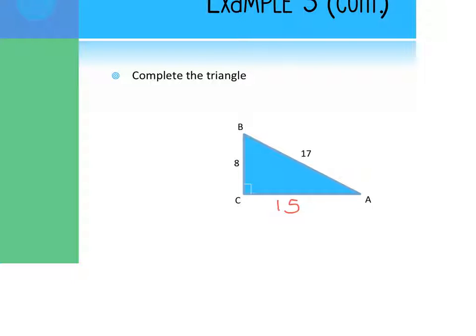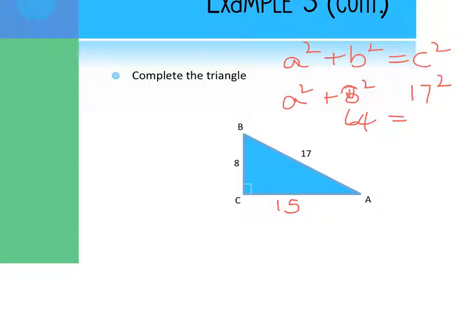However, if you didn't memorize them, then you're going to do a squared plus b squared equals c squared. I know the c squared, 17. I don't know my a, and my other leg is 8. So then I would get 64, and then 17 times 17 gives me 289.